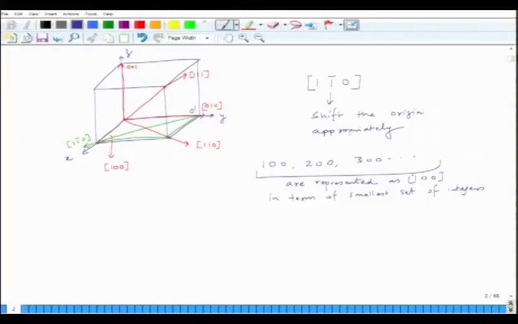All right. I'll do one more example. Let me now draw one direction, and let's say this is the A B direction. What are the indices of the A B direction?